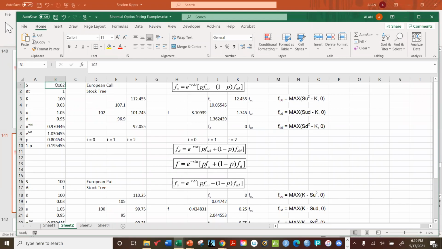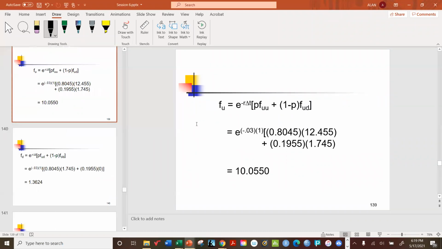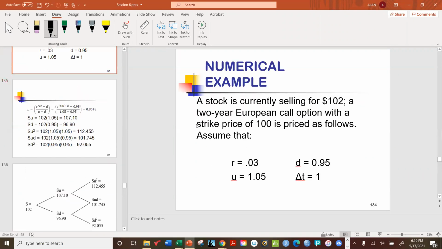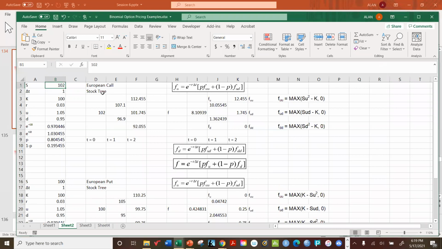But you see how easy it is to make that kind of a change in Excel. So for some reason, I used 100 in the slides when on the spreadsheet it's actually 102. So that was kind of stupid, I thought, but it's fixed.